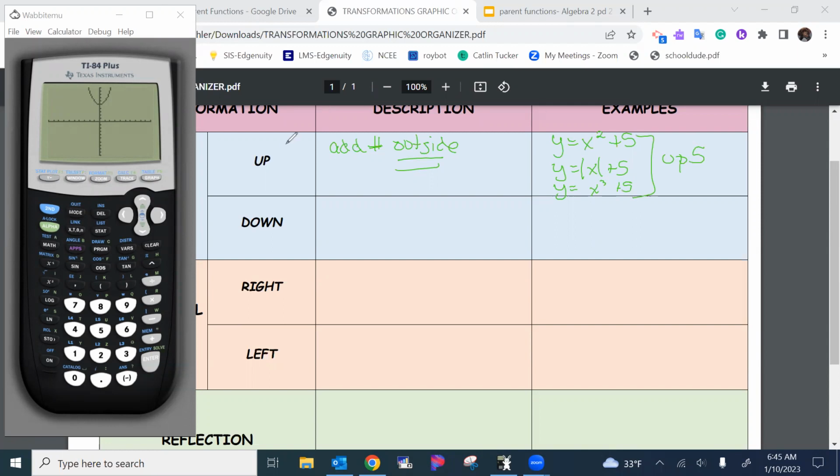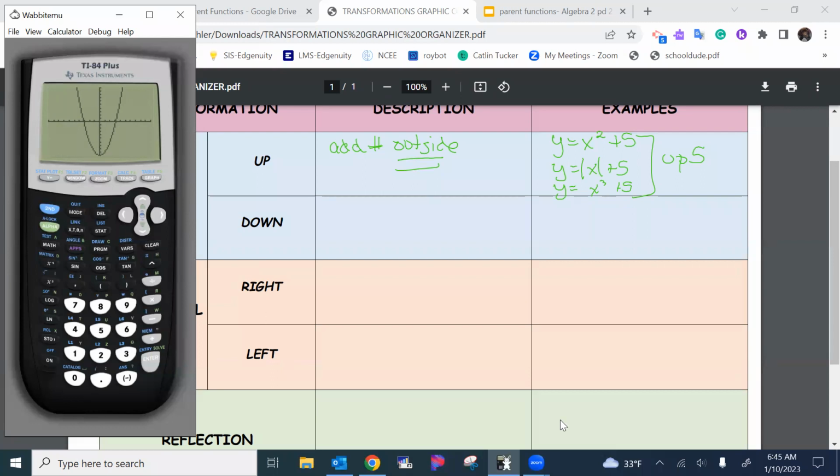So now moving it down a few spaces. Let's come back here. I'm still going to use x squared because it's easy to see. Instead of adding, if we subtract a number on the outside, say I subtract 10, now instead of starting at the 0, 0 mark like my parent function does, it's moving down.